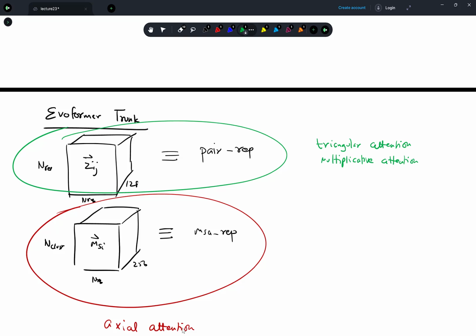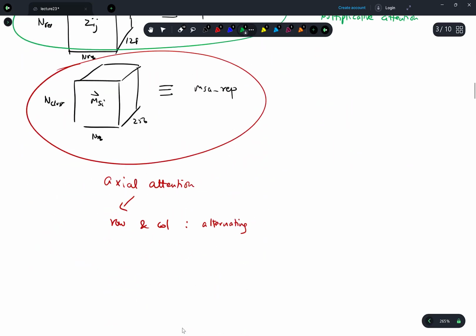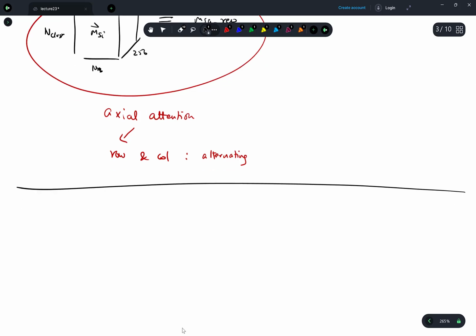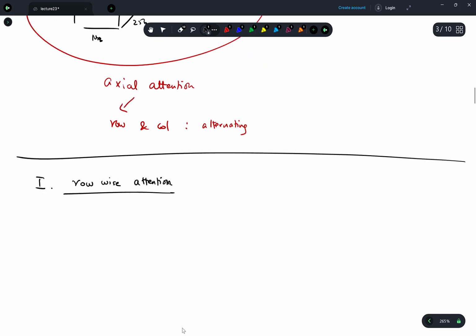As I said, let's start with the axial attention first. What's happening in the axial attention? Here's your first evoformer block. First you take the first part, which is row-wise attention. It will be gated, like we had briefly mentioned last time, and it will also have pair bias.